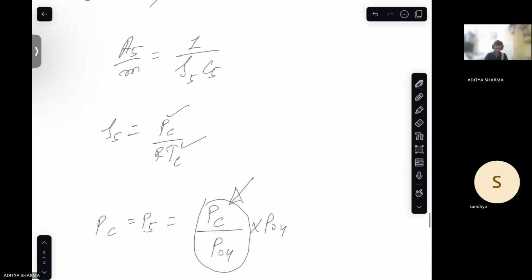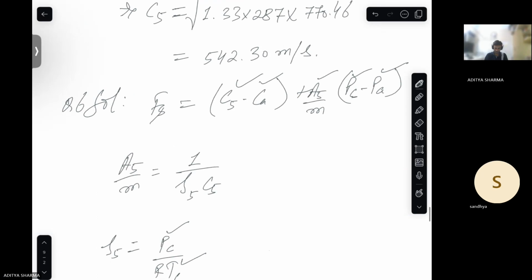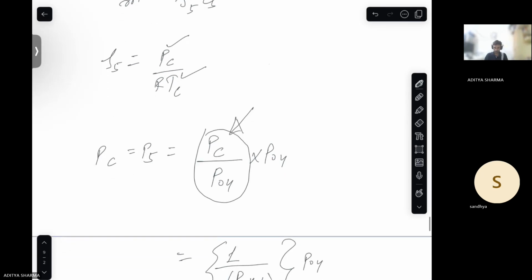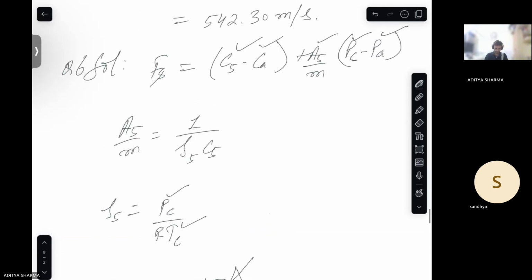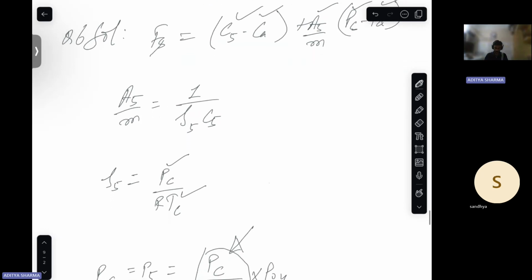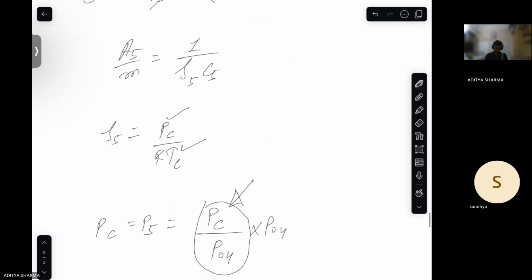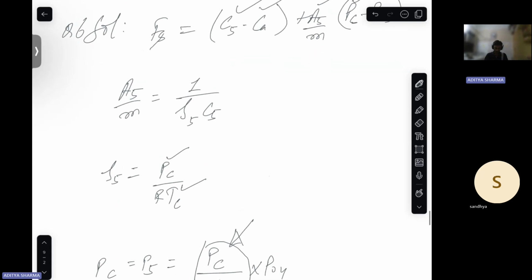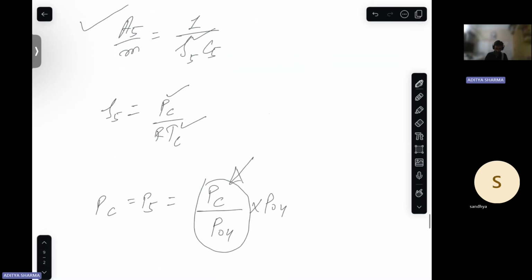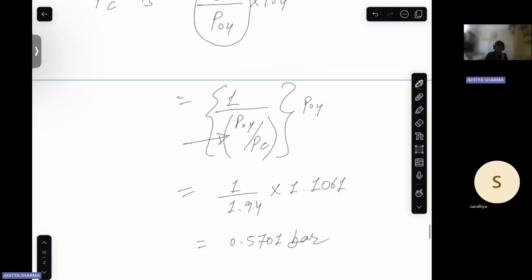Then, because the question asks specific thrust, and in specific thrust we needed this, and for this we needed this, we can now find out.